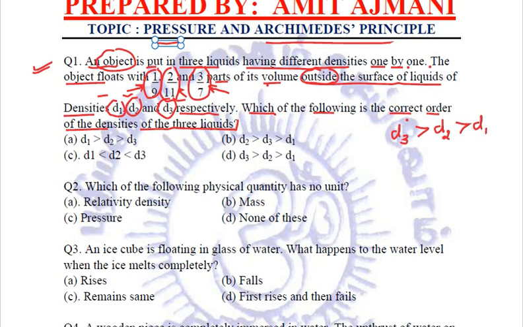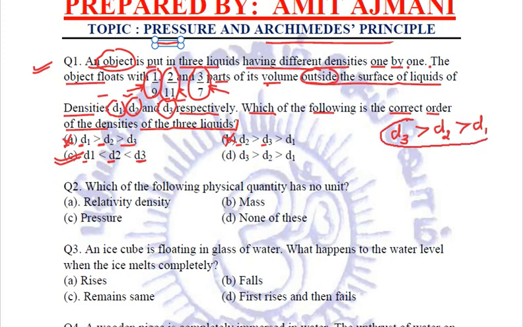So let us see what the options are. In the first option we are given D1 is greater than D2, D2 is greater than D3, which is wrong. Next is D2 is greater than D3, which is again wrong. Next is D1 is less than D2, which is correct, and D2 is less than D3.